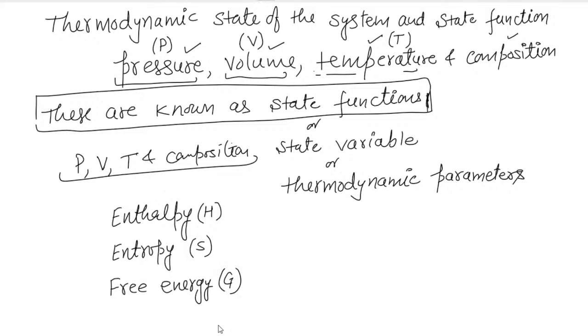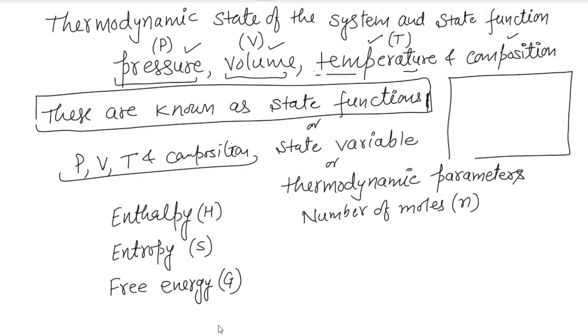Okay, number of moles, composition means number of moles, denoted by n, and PV equal to nRT is the ideal gas equation. So pressure, volume, temperature, number of moles are in that particular equation, right?